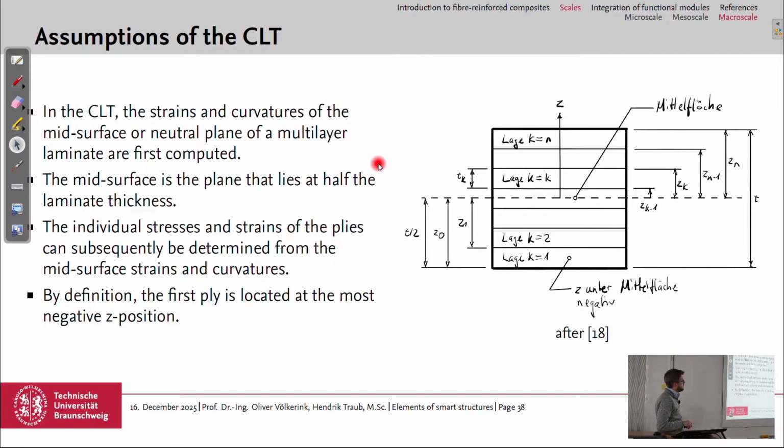And then we can use it to calculate stresses and strains of the laminate with respect to the mid surface, but we can also transform it back to the individual stresses in the individual plies.